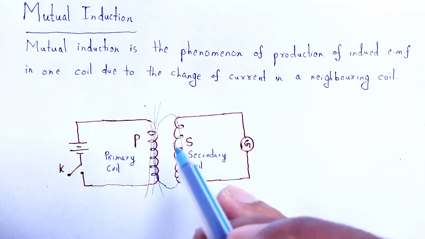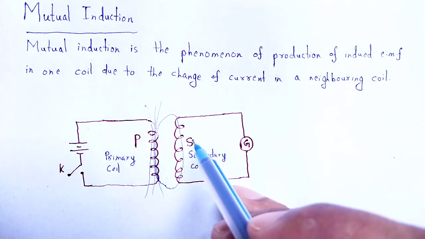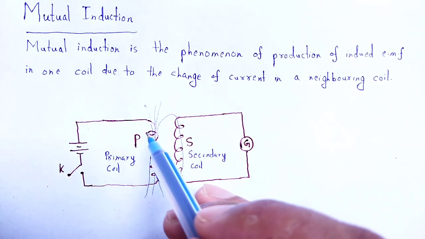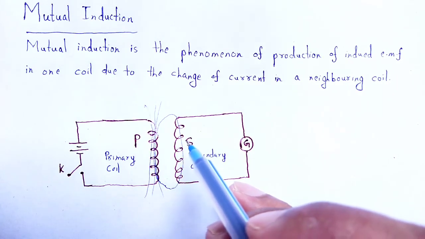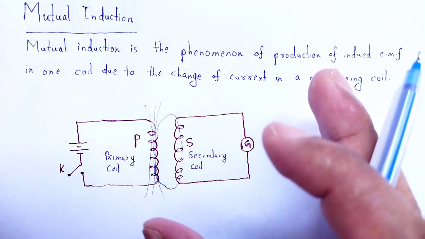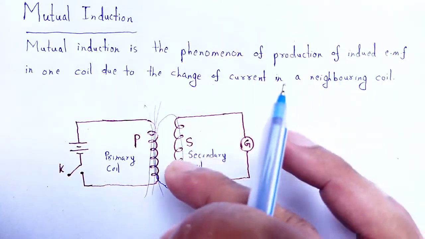Due to the change in magnetic flux in the secondary coil, an EMF is induced. That's why the current generates.